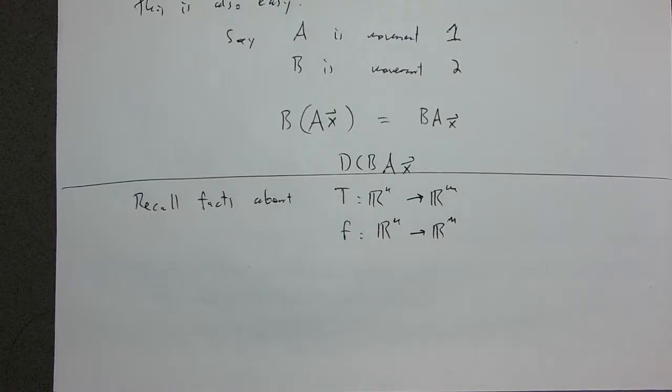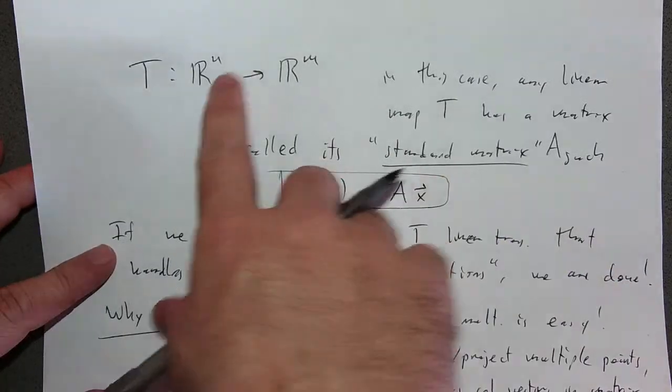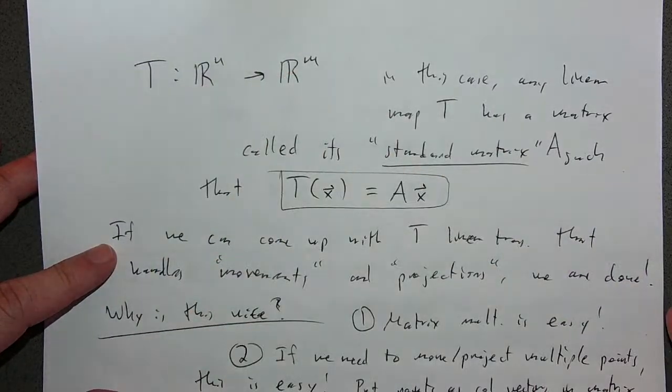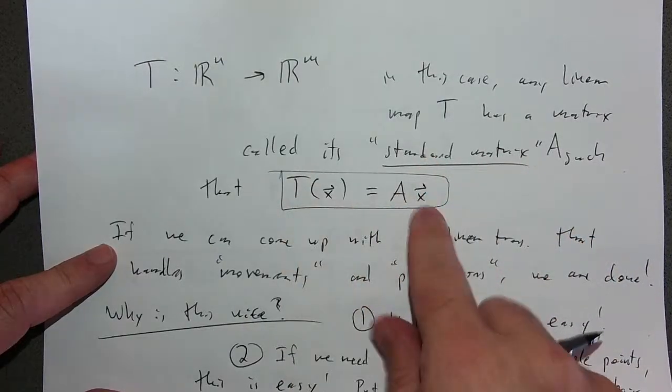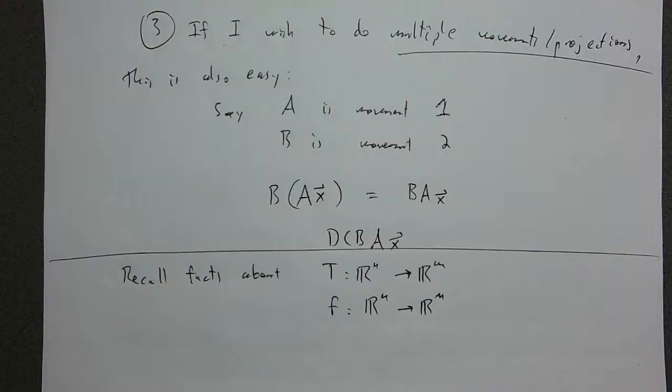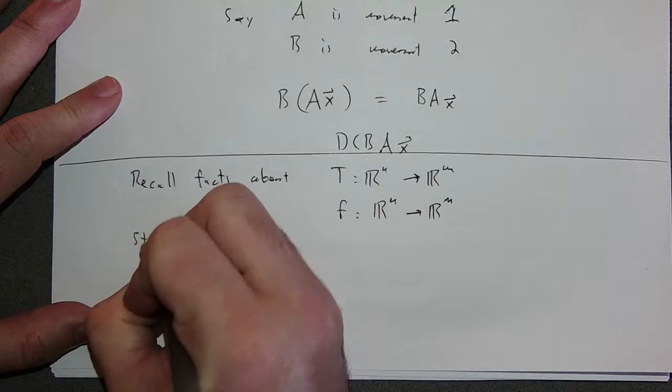I just said that any linear transformation between finite dimensional vector spaces, which we can just think of as Rn and Rm, has a matrix representative called the standard matrix like this. How do we find the standard matrix? Turns out there's really only one way that this goes. What is this A? What is this standard matrix?